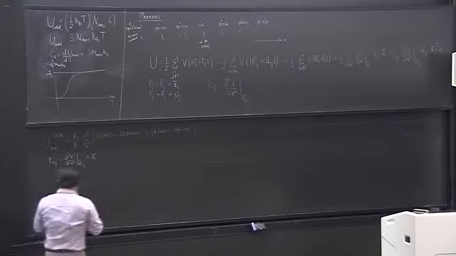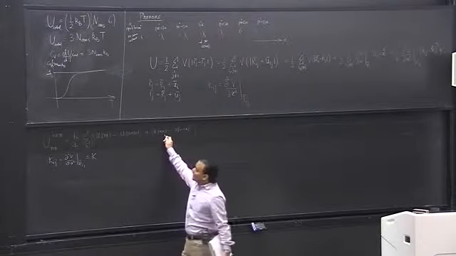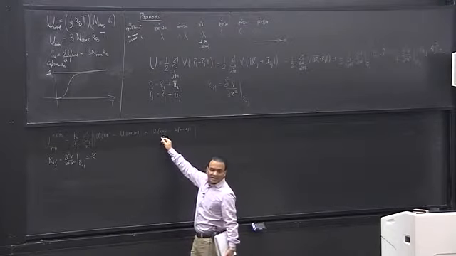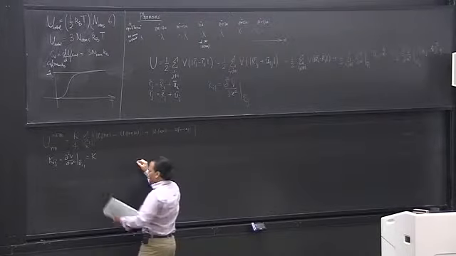So next, in the second term, you can relabel n as n prime plus 1 and use periodic boundary conditions.